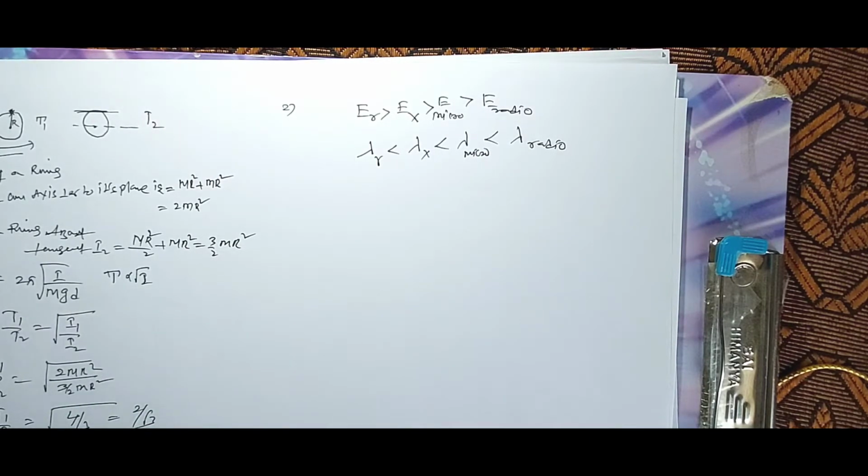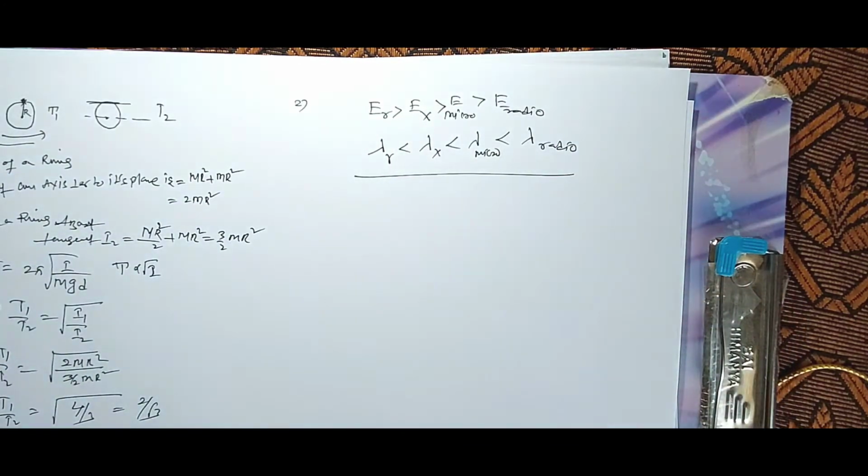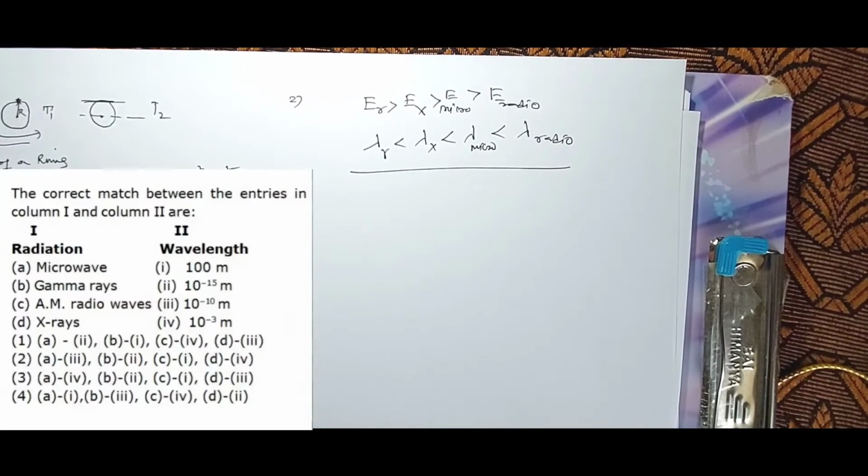Radio waves. So this is our answer: lambda gamma less than lambda X less than lambda microwaves less than lambda radio waves. This is our correct answer, so our correct option is option 3.